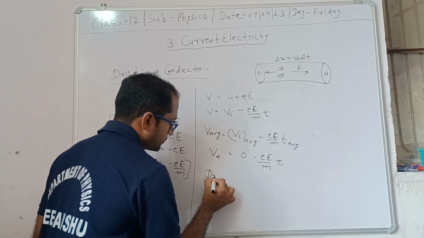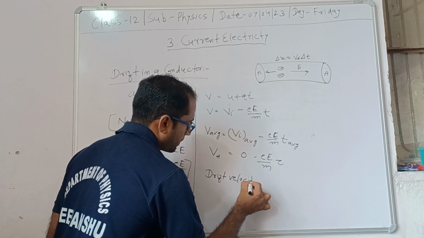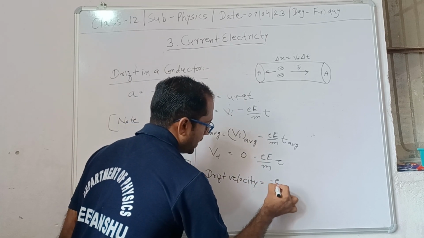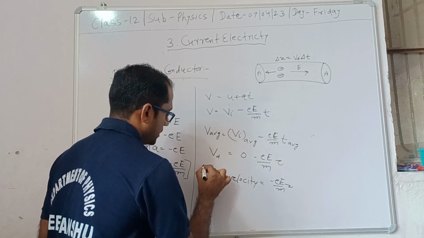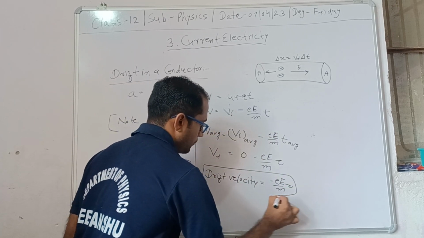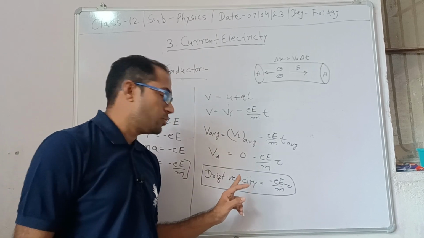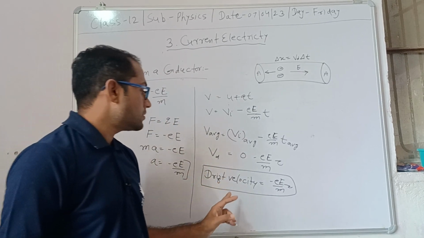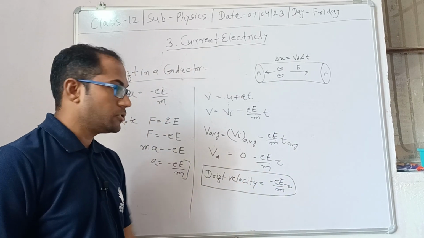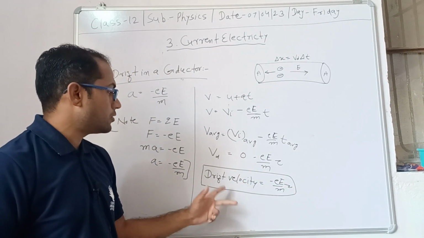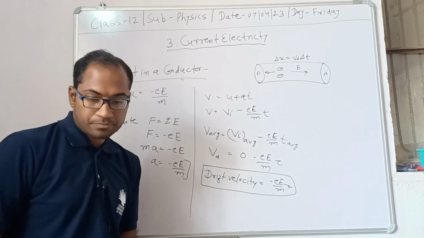So the drift velocity is equal to minus eE by m into tau. This is the basic formula of drift velocity. Remember that this drift velocity does not depend on time, it depends on the average time, which is tau. So this is the drift velocity of a conductor.